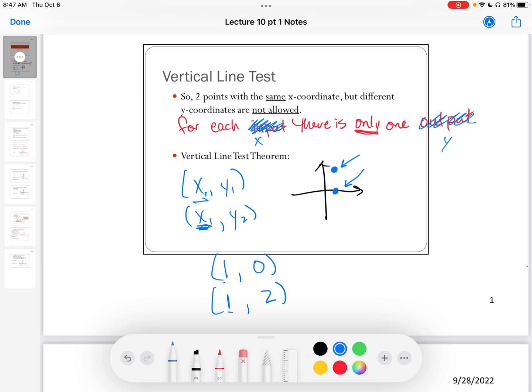Okay, so what they did then is they created something so that when you're looking at a graph, you can tell if something is a function or not. Okay, so for each input, there is only one output. That's just the definition of a function.